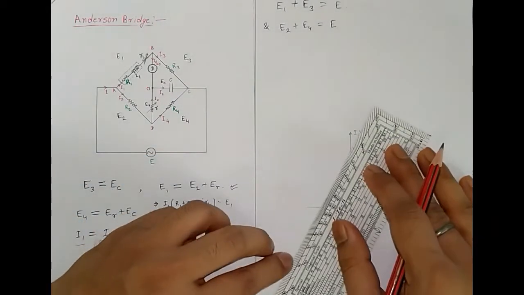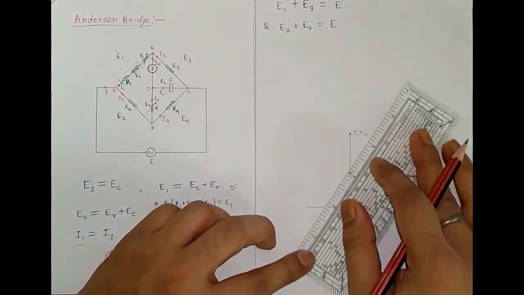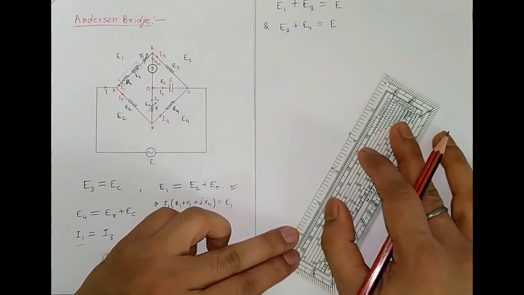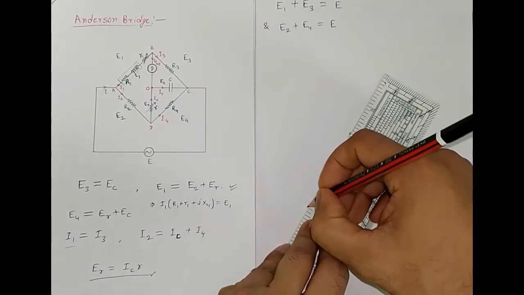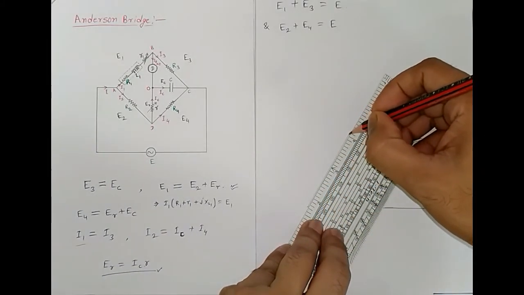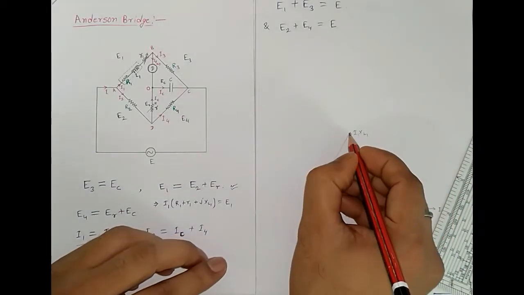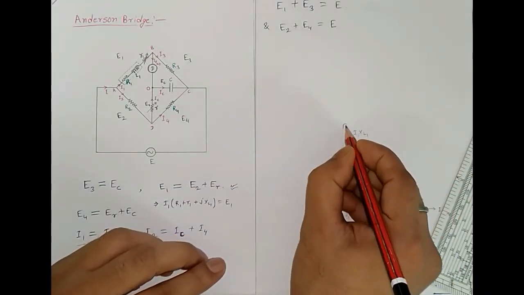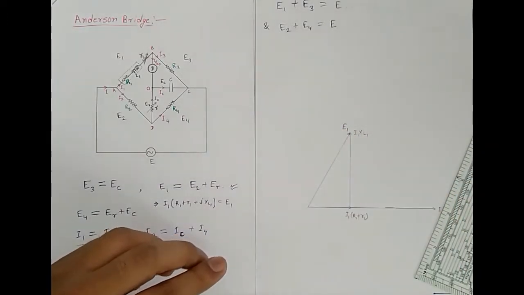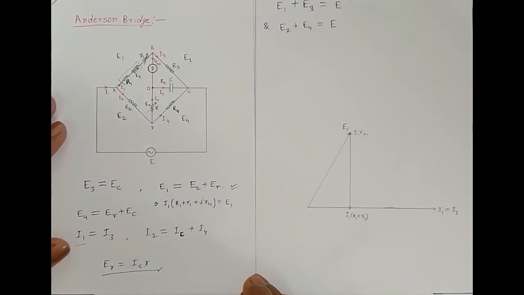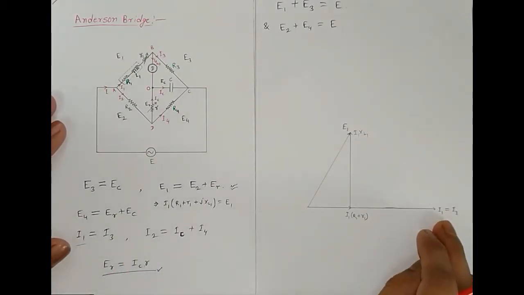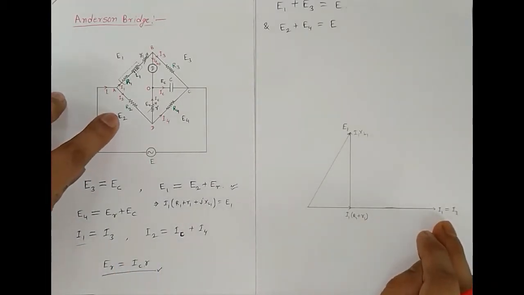So this path is the resultant of both these terms, which will be E1. Let us assume that this is E1.